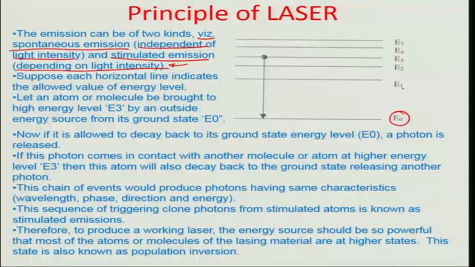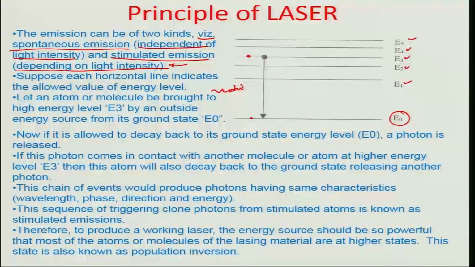Let us say you have the ground state E0, and now you have different values of the energy levels E1 to E5, and let an atom or molecule be brought to a higher energy level E3 from, let us say, E0 by an outside energy source. So it was earlier here, and then it has been brought suddenly to this particular level through a h nu energy.